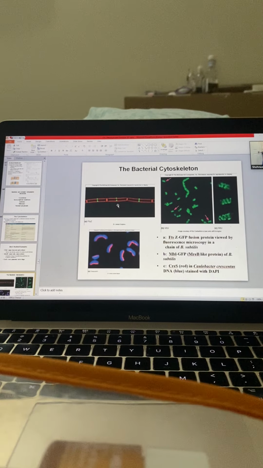The cell has to determine its center, and there it would be able to lay down the cell wall, the partitioning. So FtsZ is the protein that determines the center of the cell when the cells are dividing. This was observed by using this fusion protein and fluorescence microscopy in Bacillus subtilis.